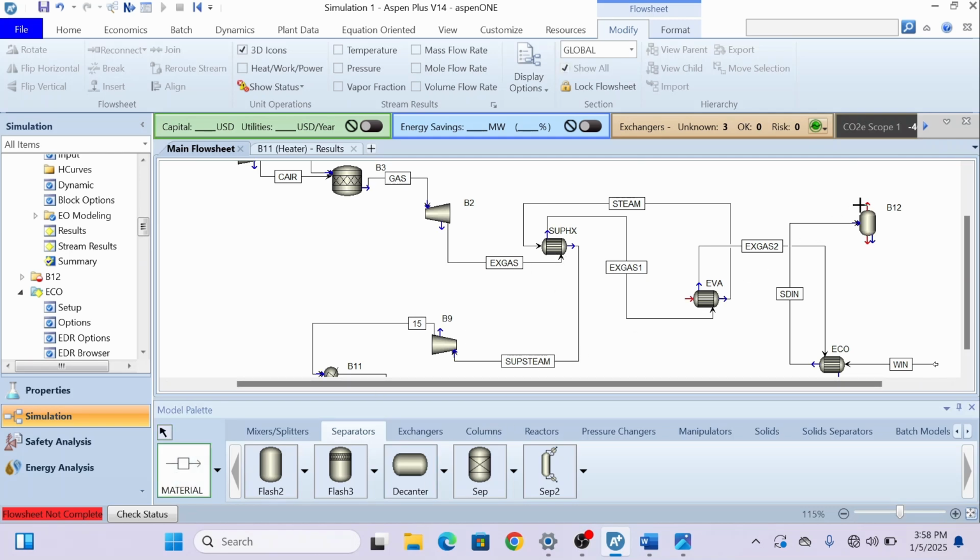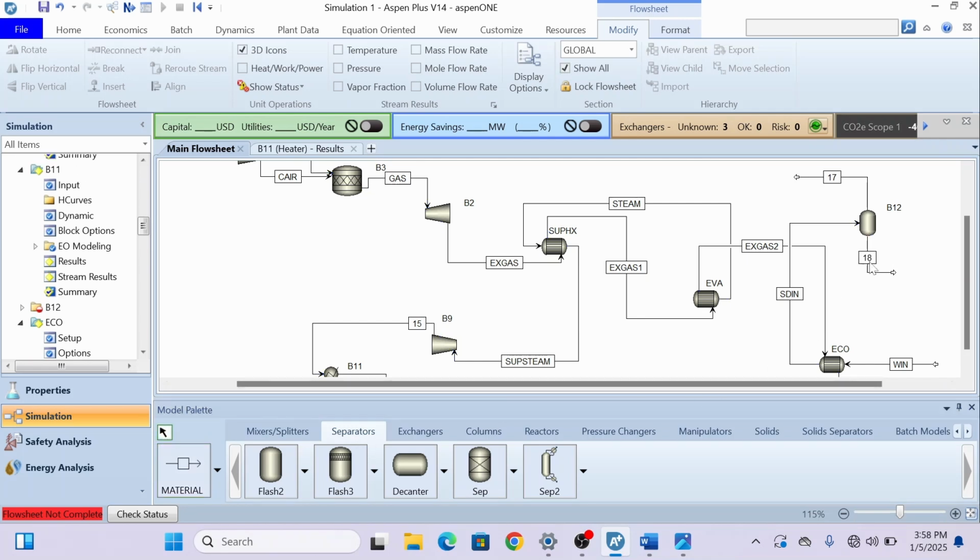So again, I will go here, and this will be my superheater inlet, and this liquid outlet will be going to my evaporator. So you can write evaporator in.